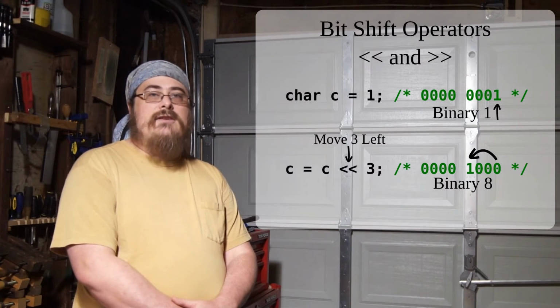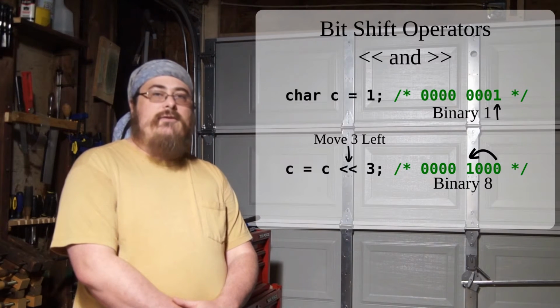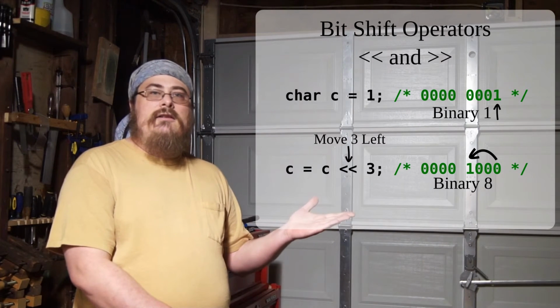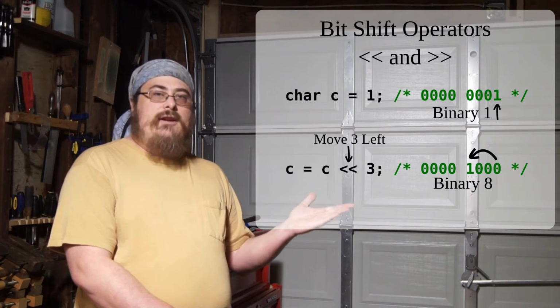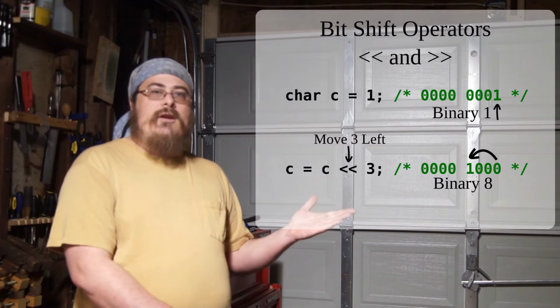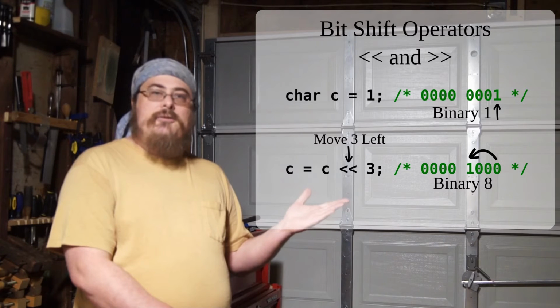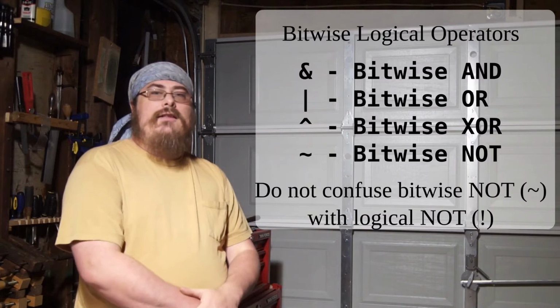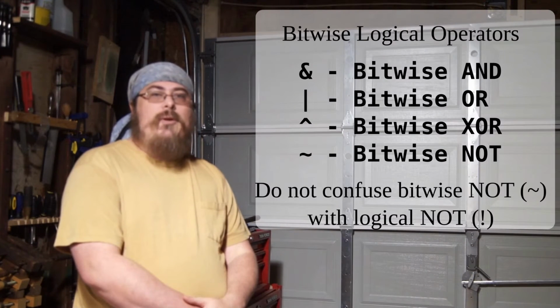This gives you a very fast way to multiply or divide by 2, but is also very handy for setting bit fields. If you take the value 1, and then you bit shift it 3 places, all of a sudden now you have the value 8.